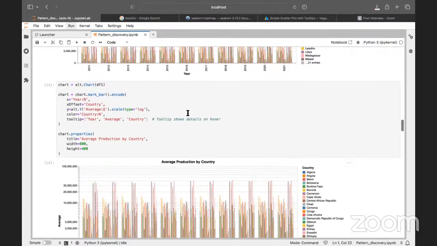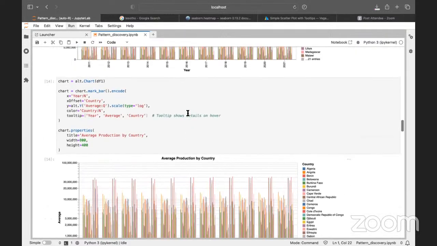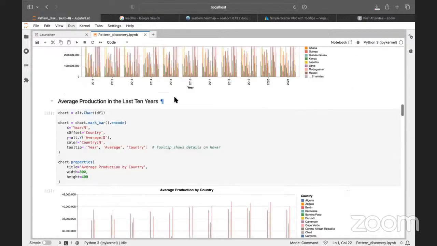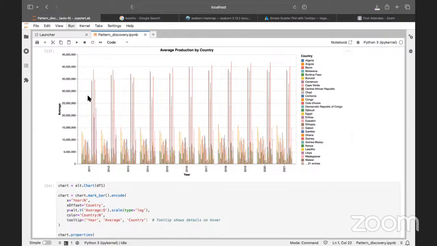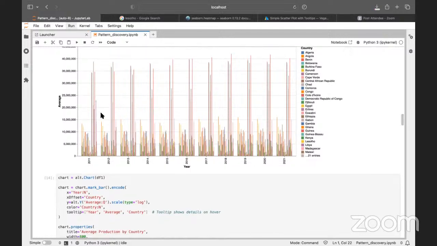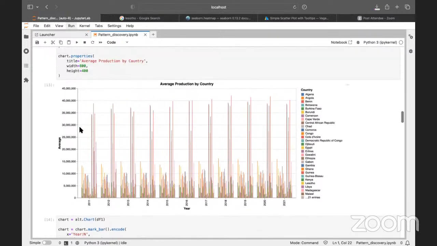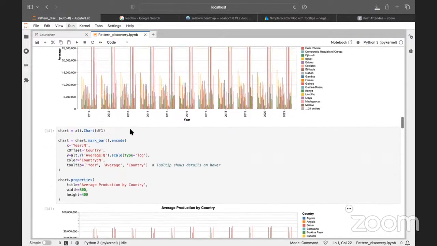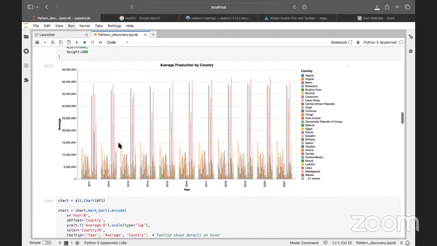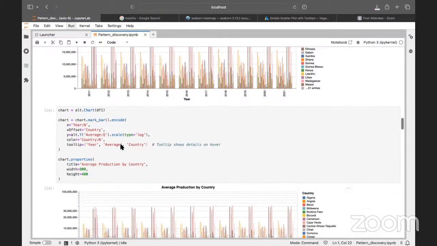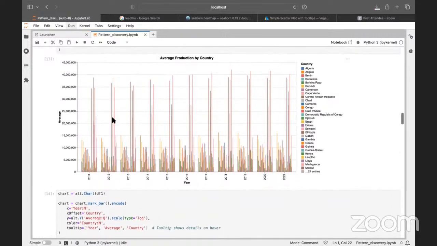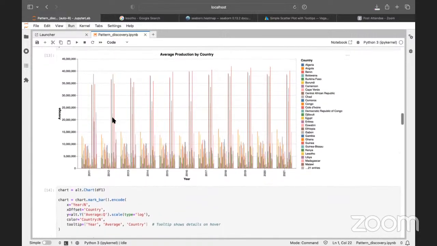Then we looked at total production by country. We looked at the average production. We were able to see some interesting outliers, some interesting values for the various countries, and the ranges in which the average country production typically falls.